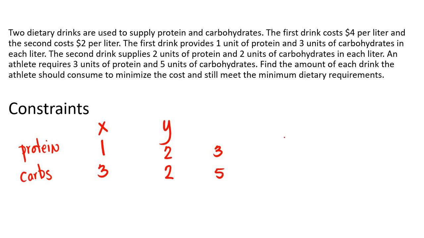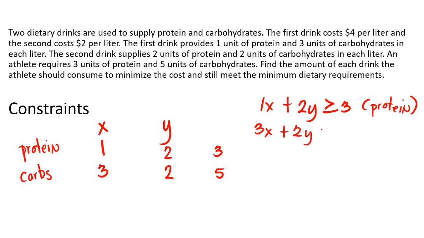To show that in an equation, we will simply use 1x plus 2y is greater than or equal to 3. So that would be under the protein. And 3x plus 2y should be greater than or equal to 5.